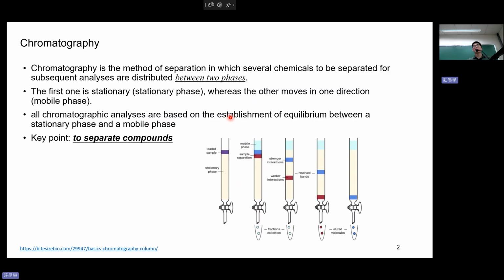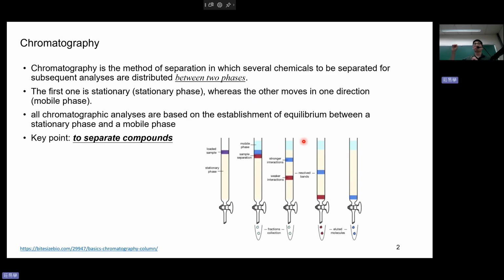So that basically means that, imagine you have a mixture of compounds here, and when the compounds are flowing through the column, they have different affinity towards the stationary phase. At the same time, the compounds also have different affinity toward the mobile phase.